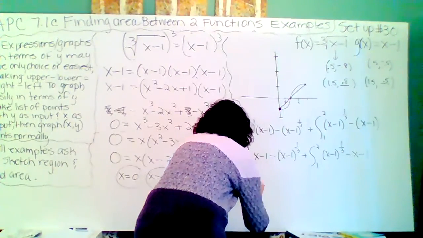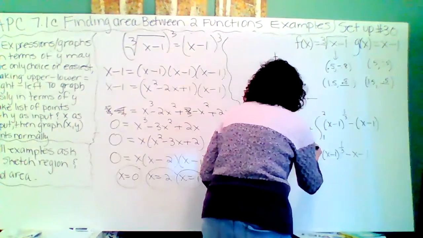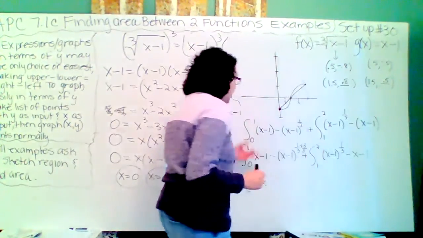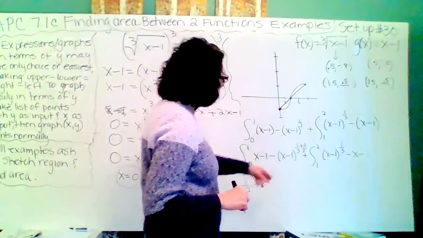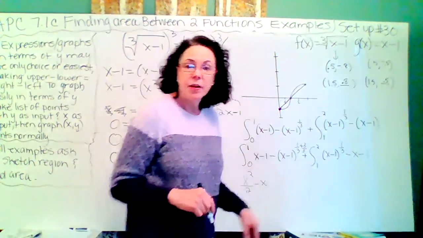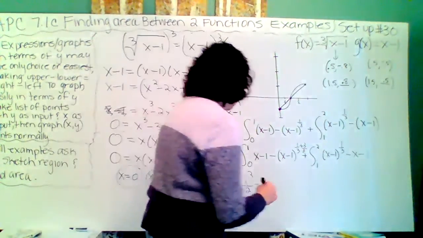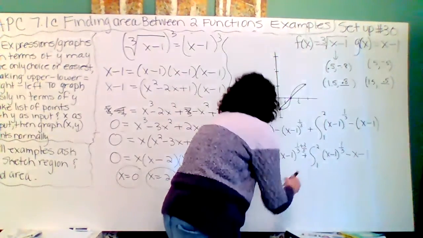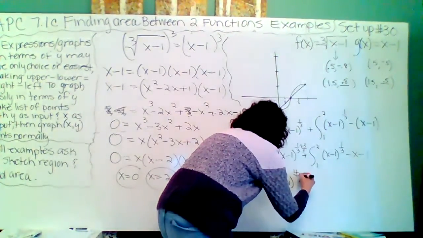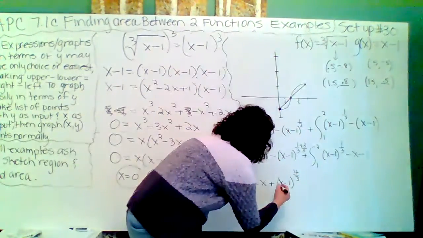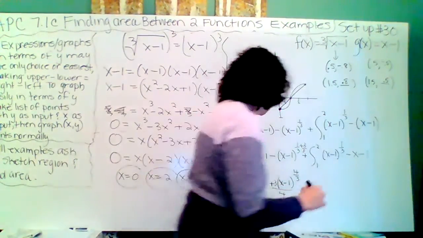This would be x squared over 2 minus x. Now the integration of x to the 1/3: I add 1 to the exponent and divide by the new exponent. The derivative of the inside function is still 1, so I don't need to use a u substitution here. So I have x minus 1, my new exponent is 4/3. And rather than divide by 4/3, I'll multiply by 3/4.